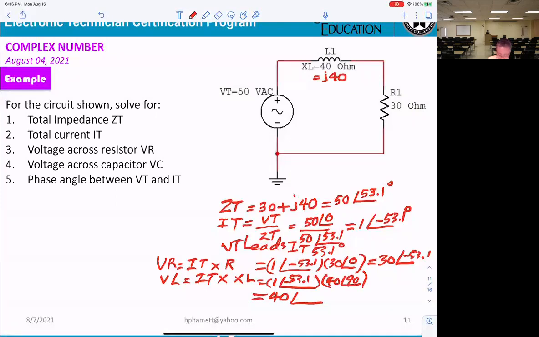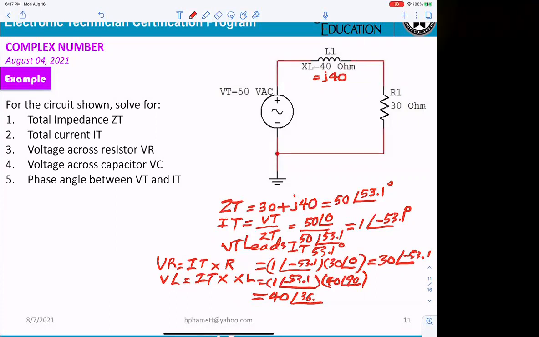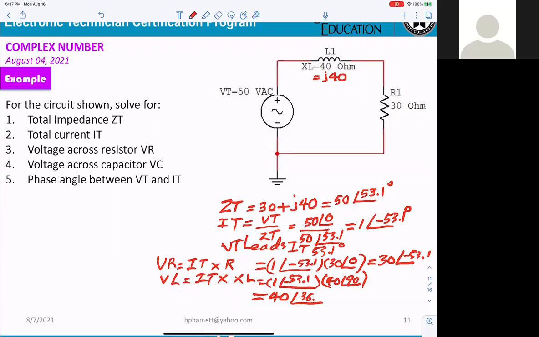Is it 36? We already calculated before. That'll be 1 angle 36.9. So you see that's so easy.